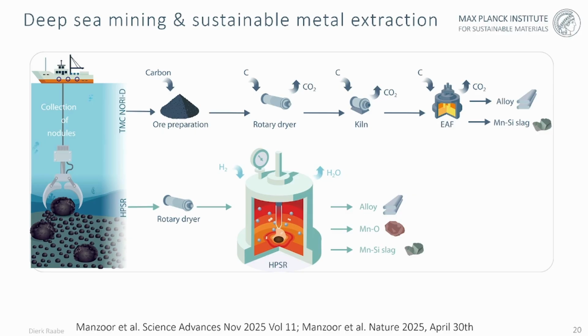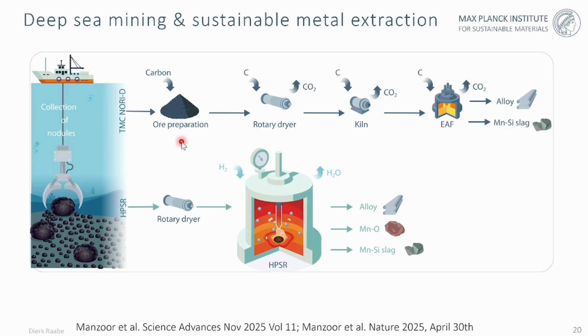Here we tried it on a different case, using deep sea nodules from deep sea mining, which are rich in nickel, cobalt, manganese, copper, and so on. Again, we are able to extract corresponding precursor metals and precursor alloys directly through the hydrogen-based plasma technique.